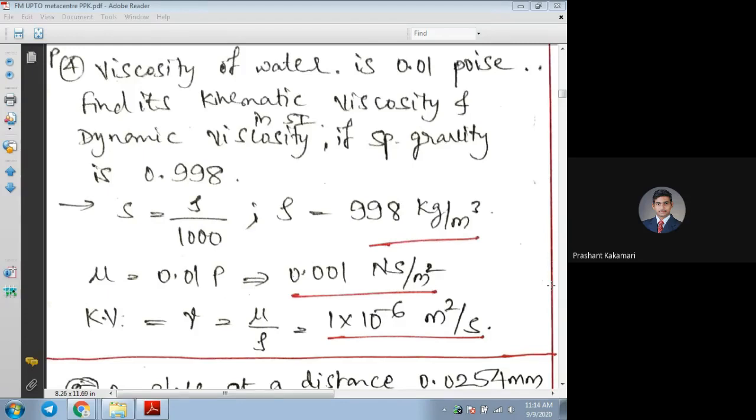Everyone knows it, density of water at standard condition is 1000 only. But here, specific gravity is not given as 1. That you have to understand. It is 0.998, almost near to 1. So according to that value, the density of this given water is 998 kg per meter cube. Later we found the kinematic viscosity by taking these ratios and converting kg per meter cube into Newton per meter cube.